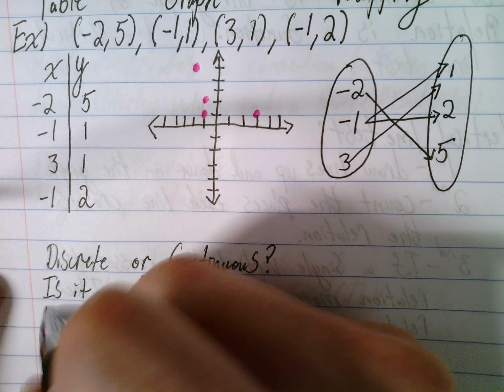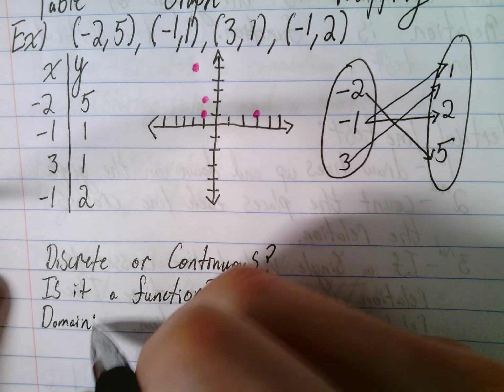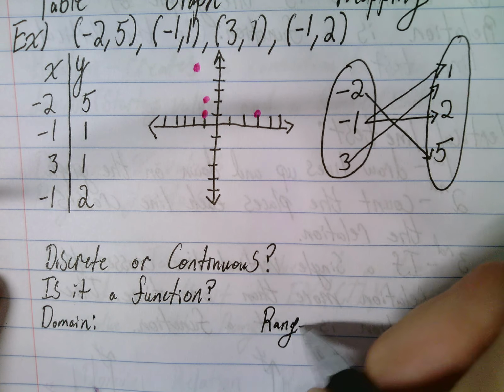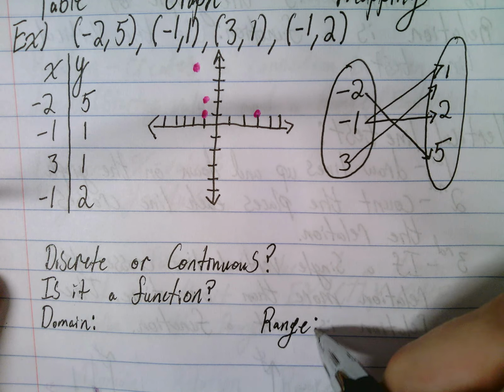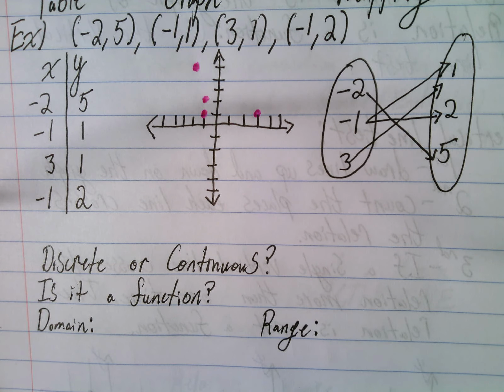And what is the domain and range? Let's answer these questions. Is it discrete or continuous, and how do you know? Look at the graph. Is it discrete or continuous?